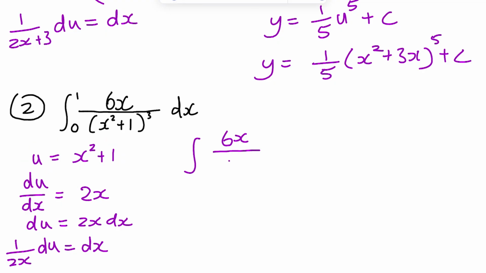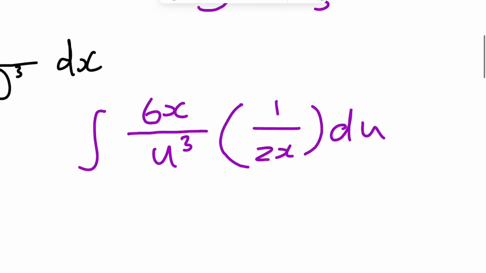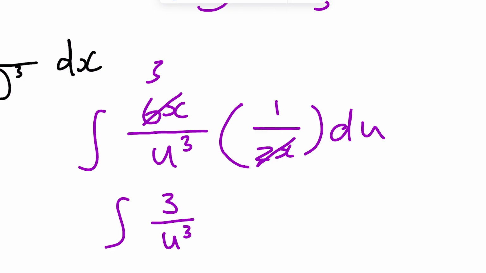So we have u to the power of 3 times dx, which in this case is 1 over 2x times du. And here I can see that I can simplify the function. So I can cancel out the x and 2, and that gives us 3 to the power of u cubed du.